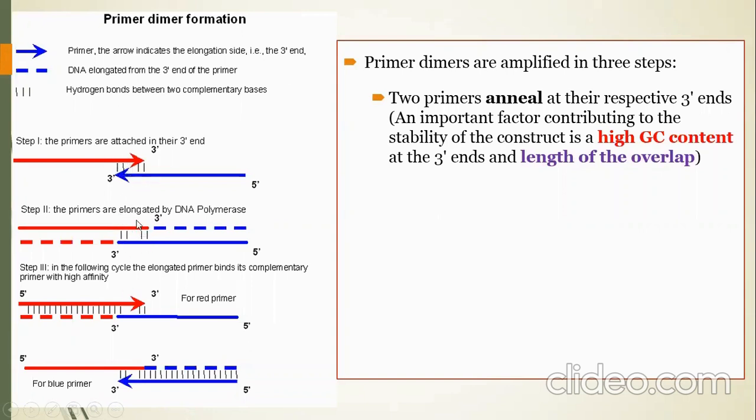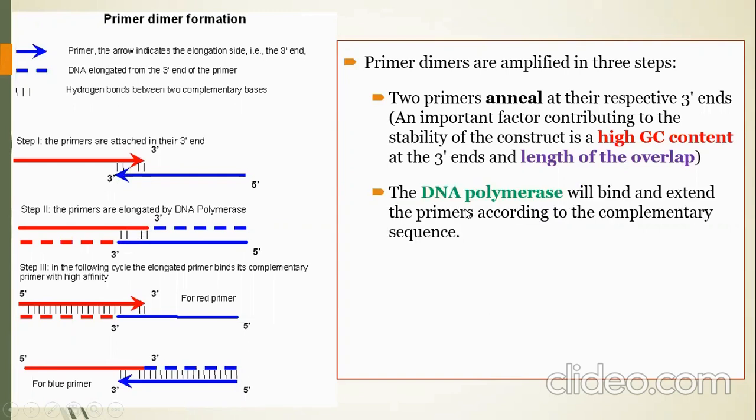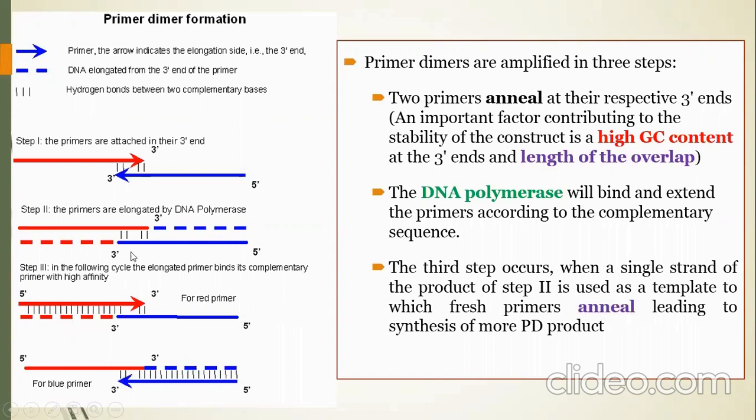So now in the next step, what will happen? The DNA polymerase will bind and extend these primers according to the complementarity of the sequence. So it will amplify this sequence in both directions. Now at the third step, the single-stranded product is released in the denaturation step, and this primer will again bind with this and amplify the other side of the primer.